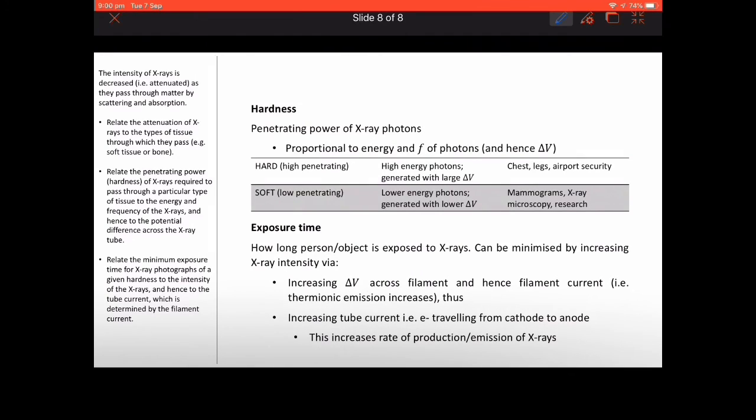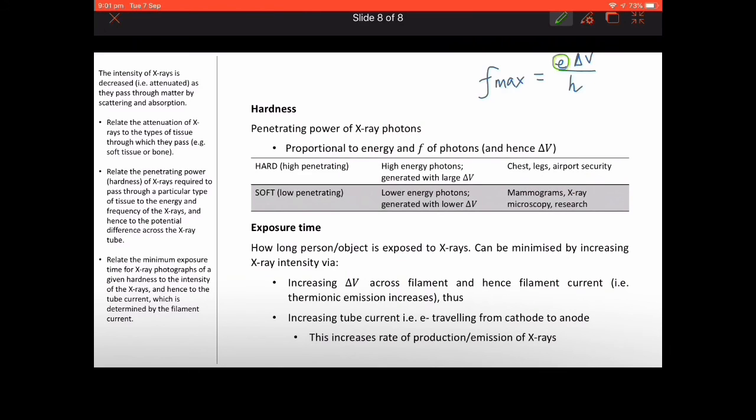The hardness of X-rays refers to the penetrating power of X-ray photons, and this is proportional to the energy and frequency of photons, and then of course the potential difference that is used to produce these X-ray photons. Hopefully you can see that this makes sense, because maximum frequency is equal to the charge on an electron multiplied by the potential difference divided by Planck's constant.